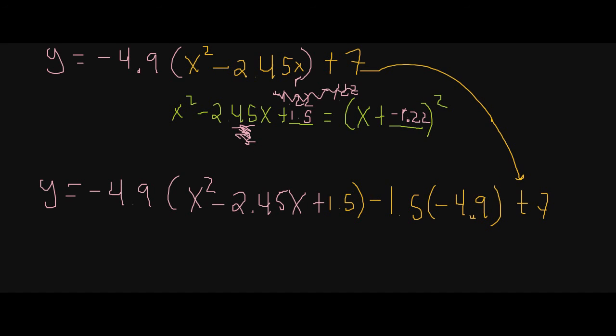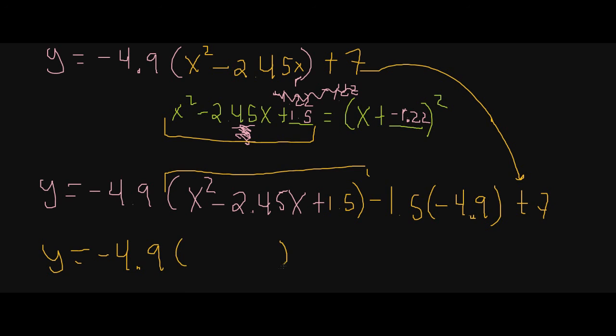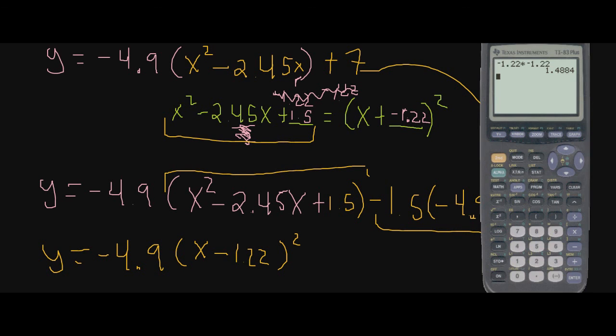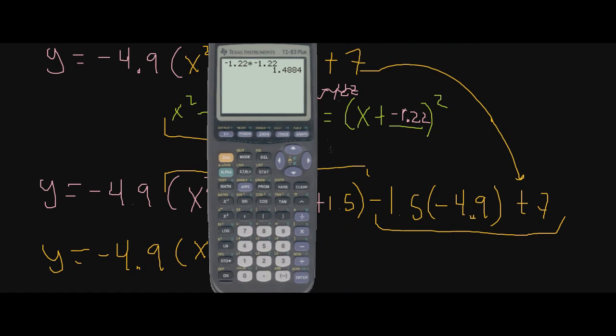We just did it, right? This whole thing right here, x squared minus 2.45x plus 1.5, is going to give me this perfect square here. So I'm going to get y is equal to negative 4.9 times (x minus 1.22) squared, right? We could do plus minus, but it's just the same thing. And then over here, we just need to simplify this, right? Well, I'll go ahead and just get my handy dandy calculator over here.